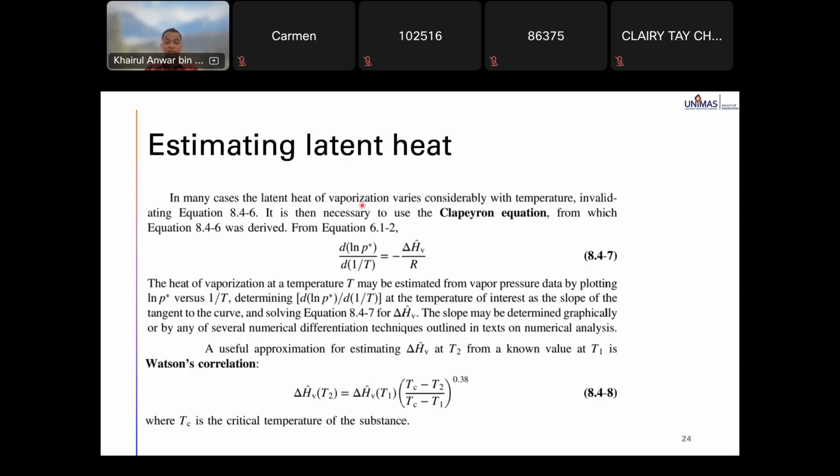But to use this equation, you need to plot vapor pressure. This is Table B4, using the Antoine equation, page 640.